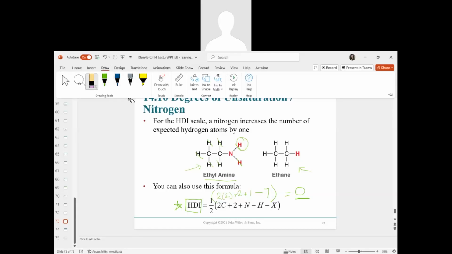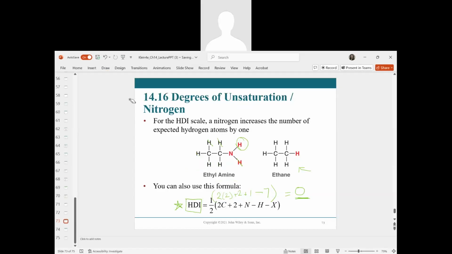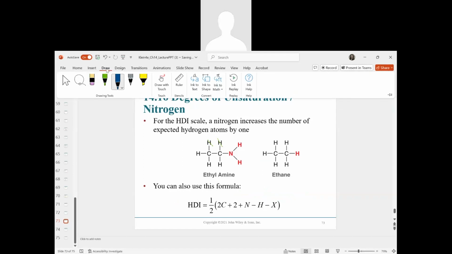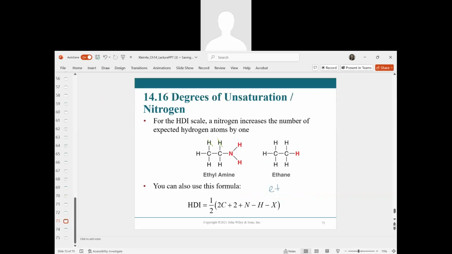Say we did the same thing, but instead of ethylamine, we compared our numbers for ethene. So ethene, let's draw that out. Instead of C2H6, we would have C2H4. So let's plug in some numbers here.